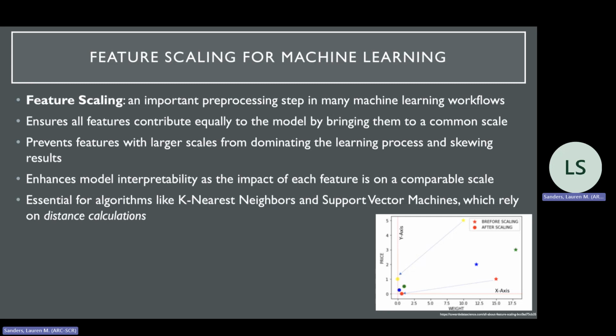And then after scaling are the circles, where each of those data points exist approximately between 0 and 1 on both the y-axis and the x-axis. So this is an example of scaling a widely diverse data set down to between 0 and 1. As you can see, the relative relationships between each of those data points are preserved, but the actual values have been scaled down.